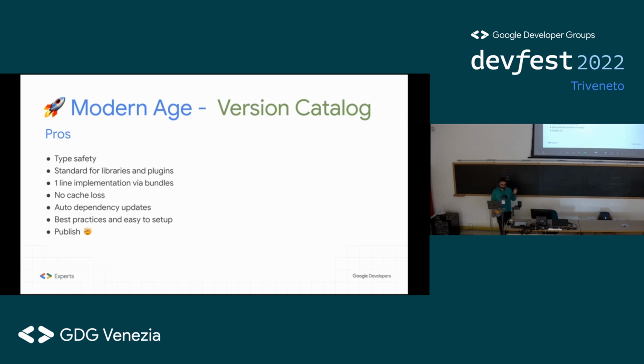Second is that it's the official standard for managing the dependencies for libraries, plugins, and there are also some other cool features, but this is the official standard by Gradle, which is already adopted by Google and other companies. That means the future tooling, plugin development, library, everything will be much easier because there is a standard.